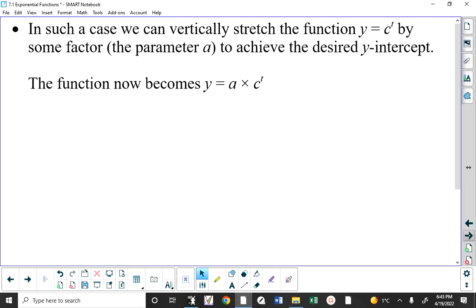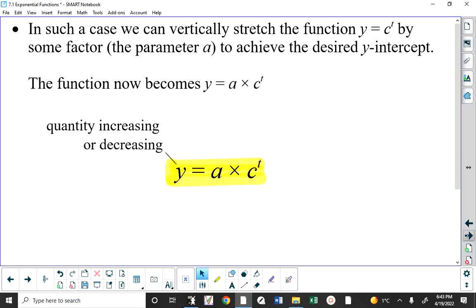So, the function now becomes y equals a times c to the t, where y is whatever is growing or shrinking, t is how many applications of the factor of c are occurring. So for example, if the base is 2, t is how many times the thing has been doubled.